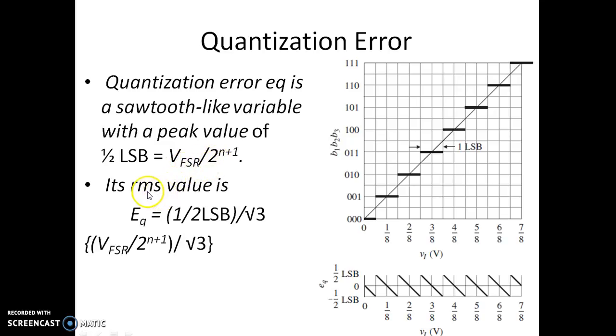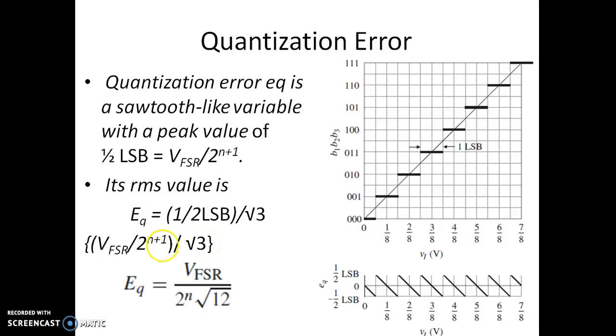And the RMS value of the error voltage, since the error voltage is like a sawtooth waveform, is half LSB divided by root 3, because it is peak divided by root 3. So half of LSB is VFSR divided by 2 power n plus 1, divided by root 3, which is the RMS value of this quantization error voltage.